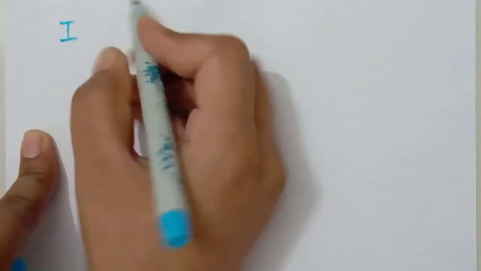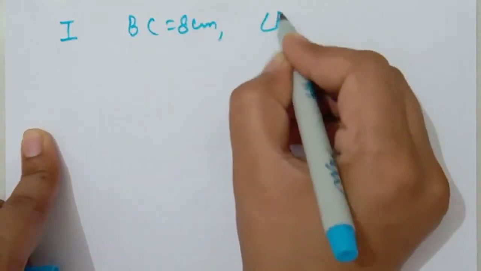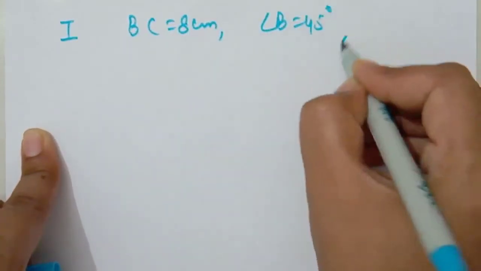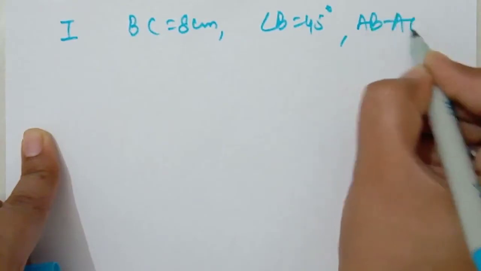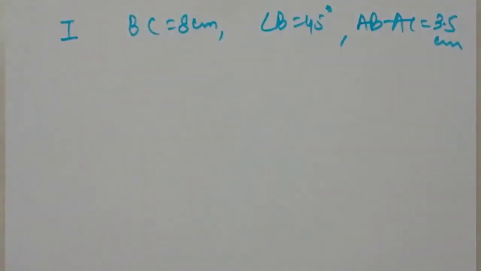Now students, I am explaining the first type of difference. The information is BC 8 centimeter, angle B is 45 degrees and AB minus AC is 3.5 centimeter. You have to learn the steps also, and it is the same as your previous question. So pay attention.